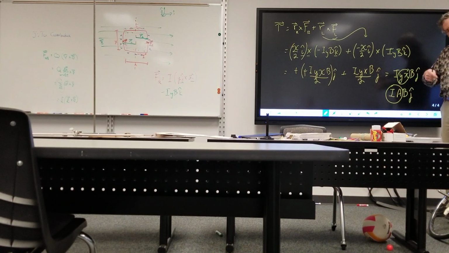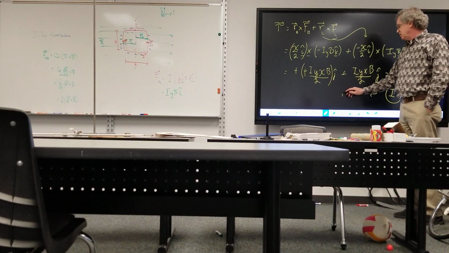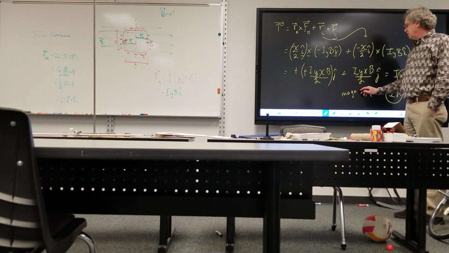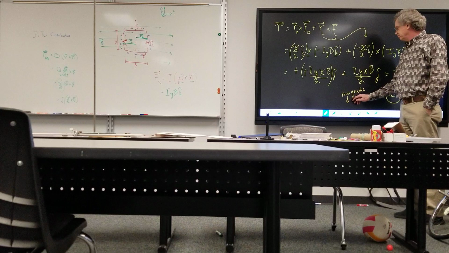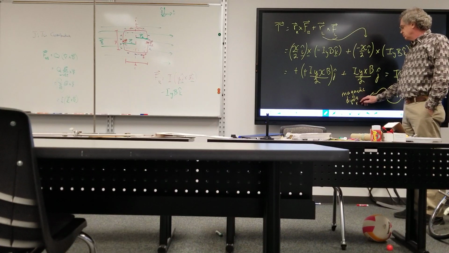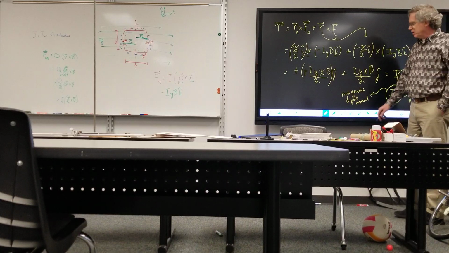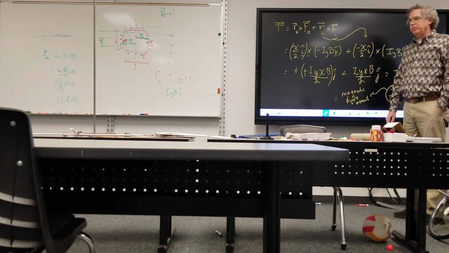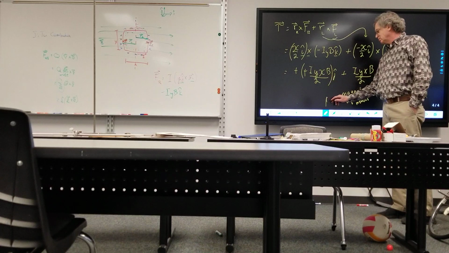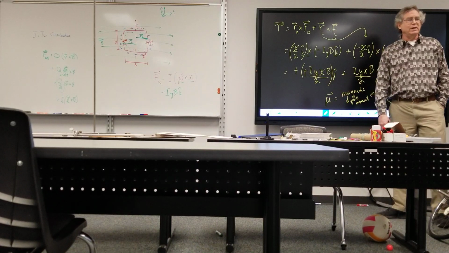If I have a closed loop with a current running through it, and I take the area of that loop, and yes, I'm making a leap here from a rectangle to any shape, so long as it's a ring with a current running through it, this is known as the magnetic dipole moment. Because we've run out of letters, the symbol for it is a mu. It is a vector quantity.